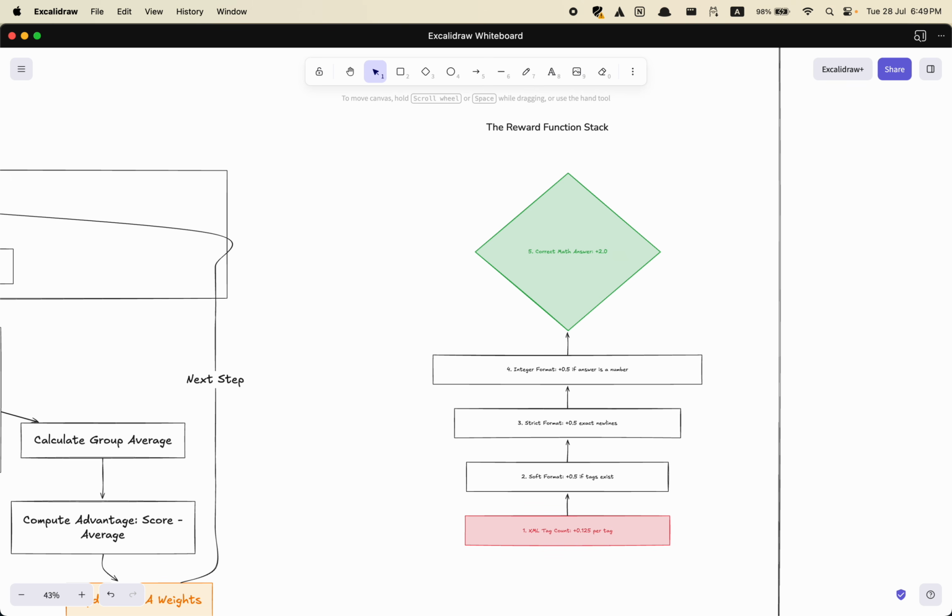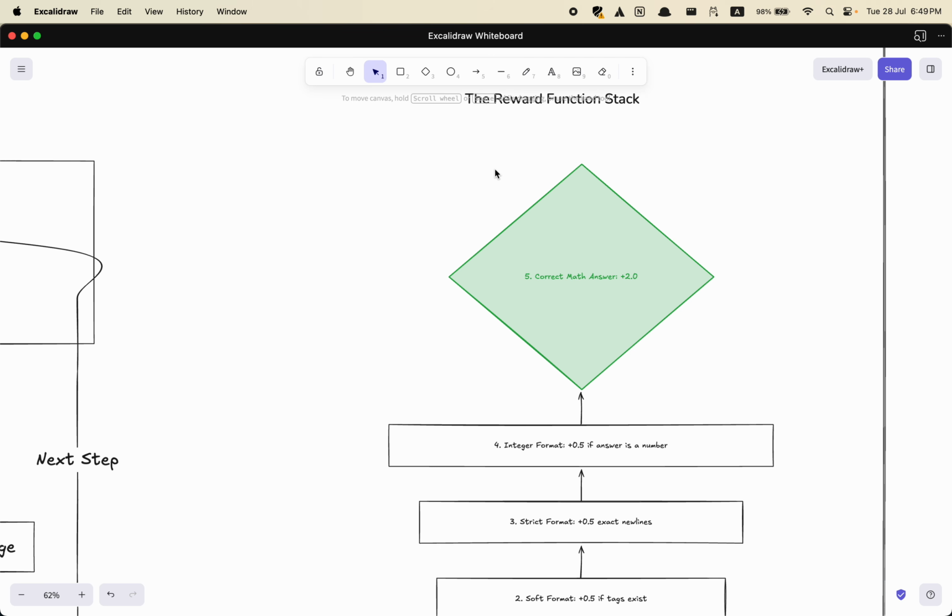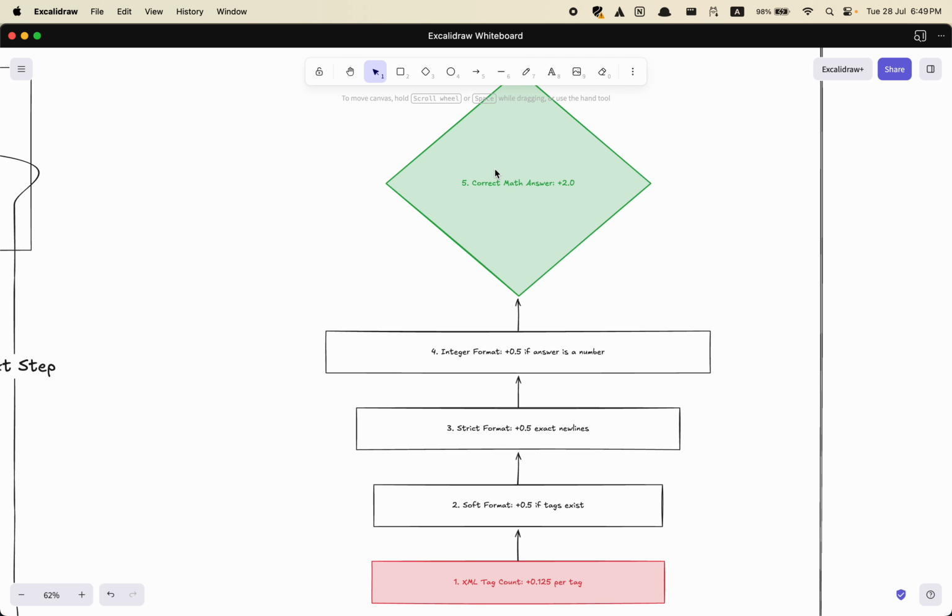If we only rewarded it for correct maths, the score would always be 0, and it would never learn. To fix this, we built a gradient to climb, a stack of partial credits, where we want the model to use reasoning brackets and then answer XML tags to format its thoughts.